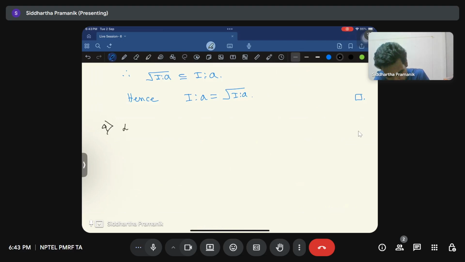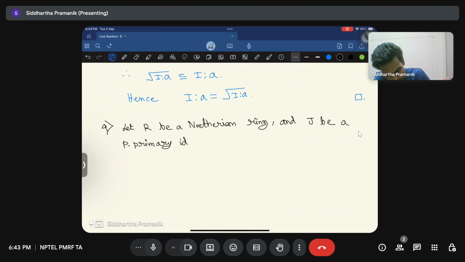So again, let R be a Noetherian ring, and J be a P primary ideal. So R is a Noetherian ring and J is a P primary ideal.